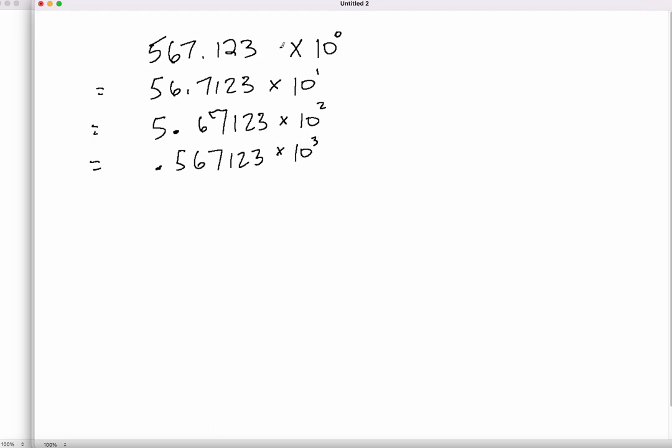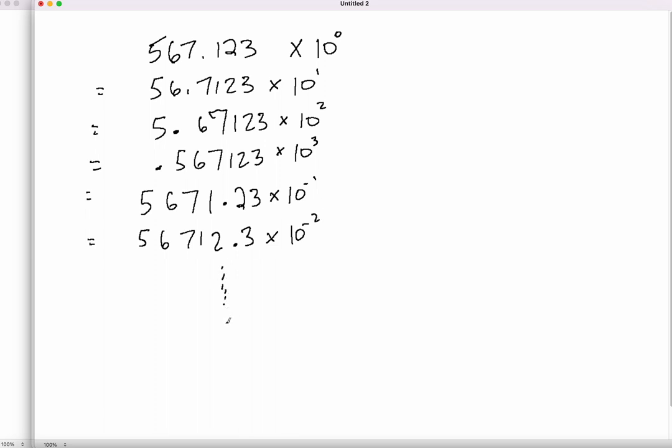But notice I can actually even go the other way. It's also equal to 5,671.23 times 10 to the minus 1. And it's also equal to 56,712.3 times 10 to the minus 2. And this could go on forever and ever and ever.